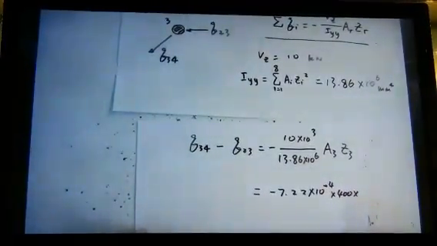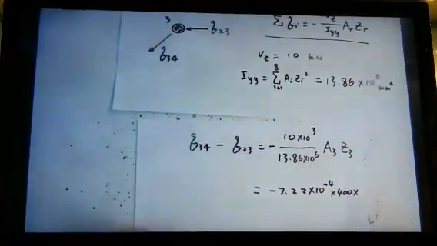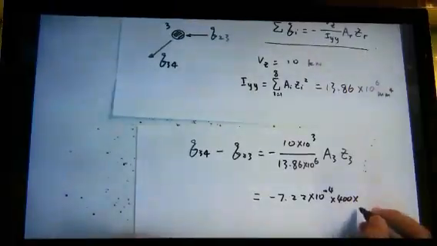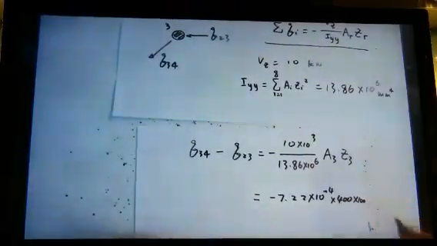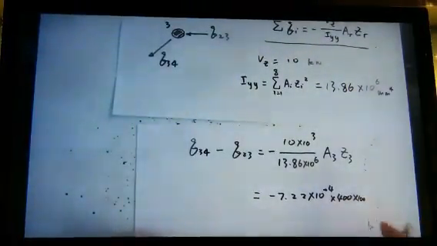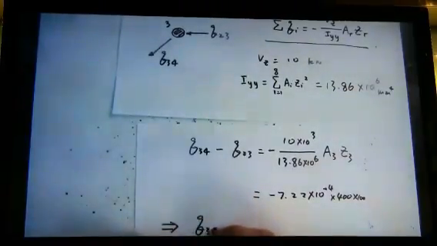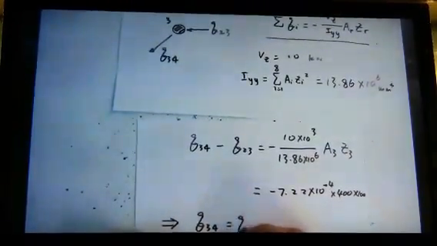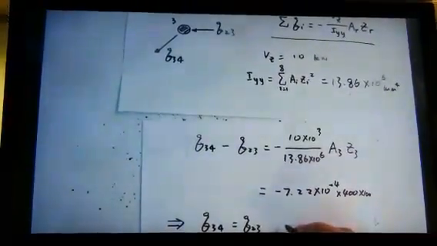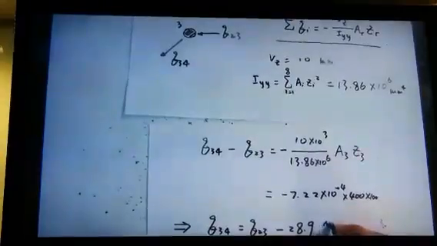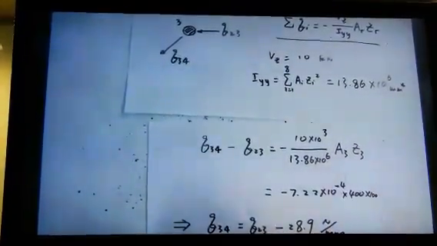Z3 is the coordinate of boom area 3 along the Z direction, which is 100. So you need to figure out the coordinate of each boom. And then from this equation, you'll get Q34 equals Q23 minus the term. If I remember right, Iyy would be rotating around the y-axis, right?